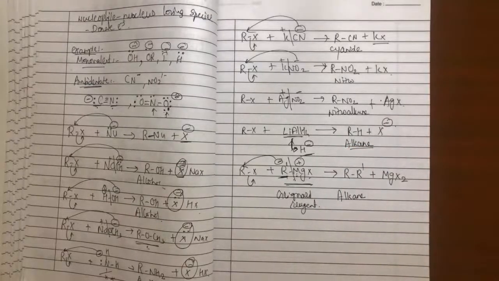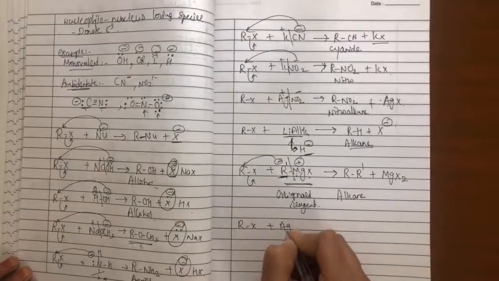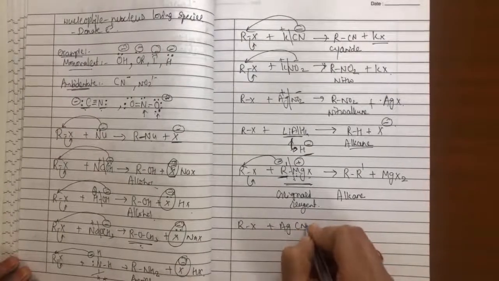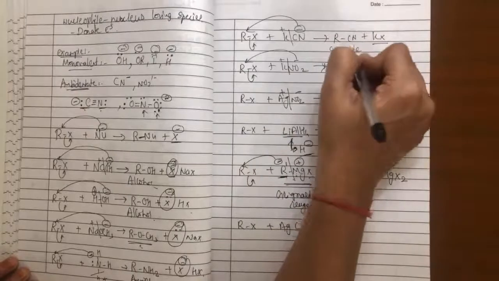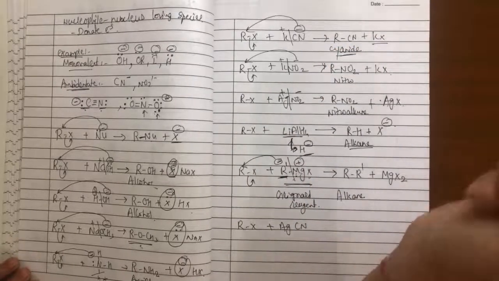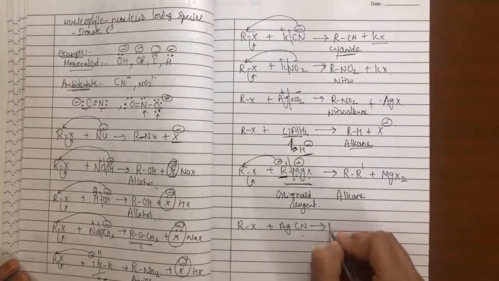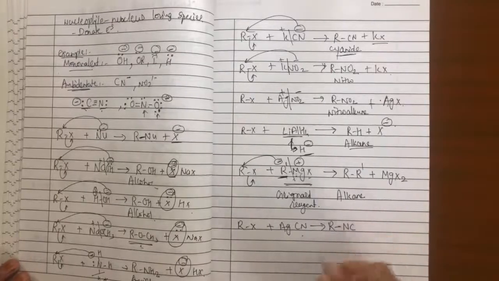So these are the different types of nucleophile which can attack the alkyl chain. One more is there, RX when reacted with AgCN. See, here with KCN you are getting the cyanide group. But when we have AgCN, in that case it attaches like RNC.